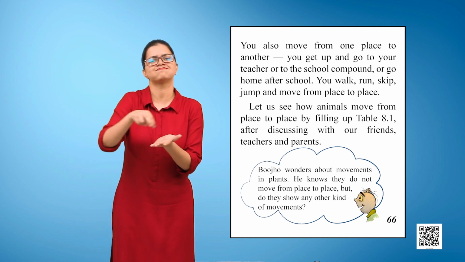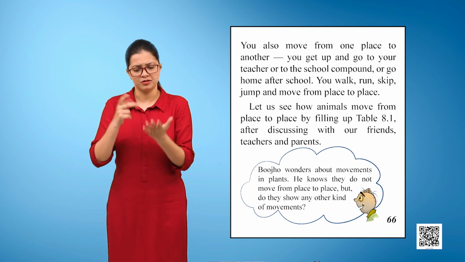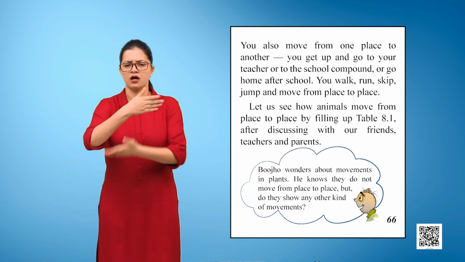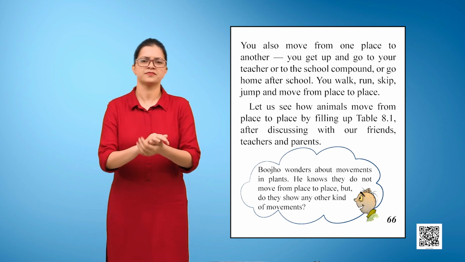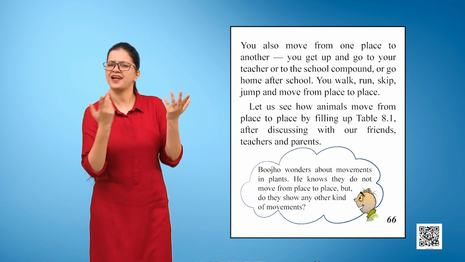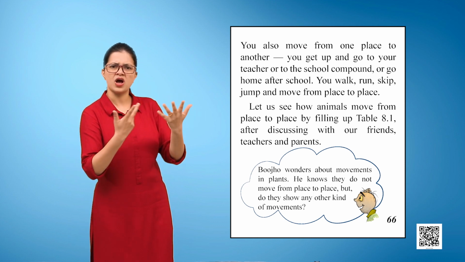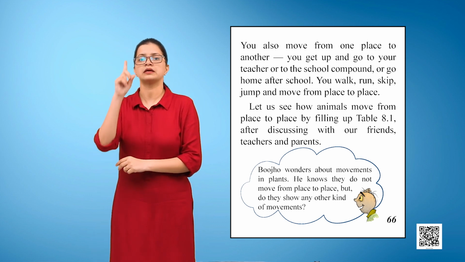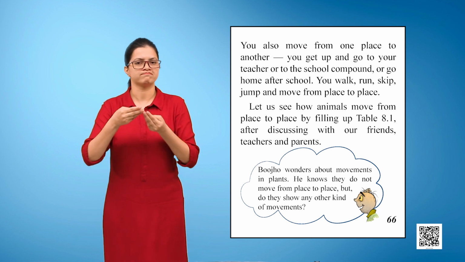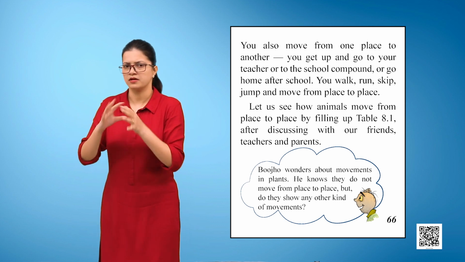You walk, run, skip, jump, and move from place to place. Let us see how animals move from place to place by filling up table 8.1, after discussing with our friends, teachers, and parents.